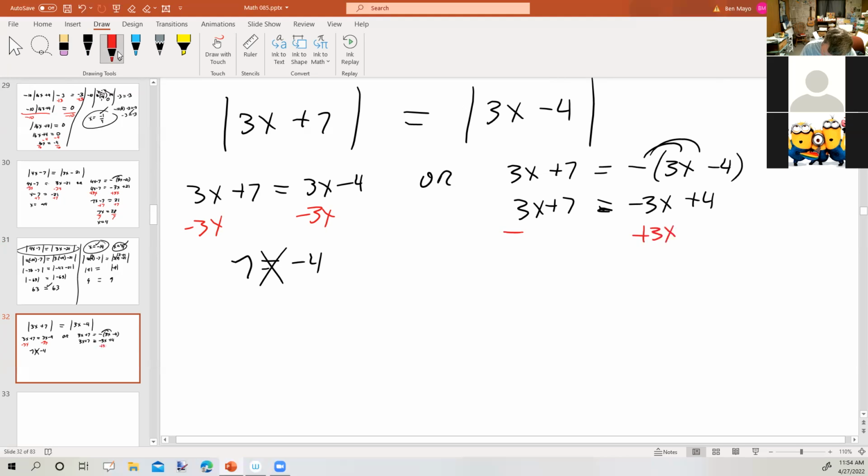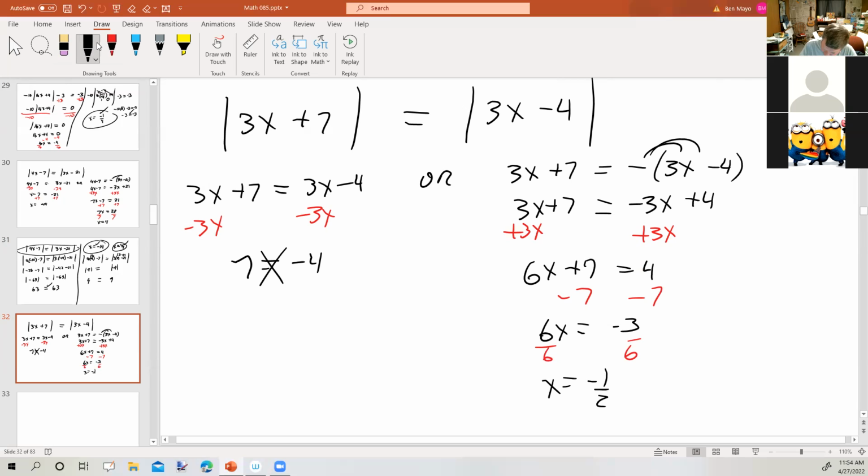We'll add 3x to both sides. 6x plus 7 equals 4. Subtract 7 from both sides. 6x equals negative 3. Divide by 6, x equals negative 1/2.